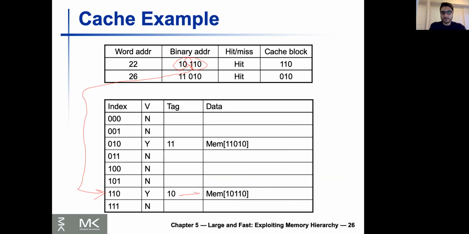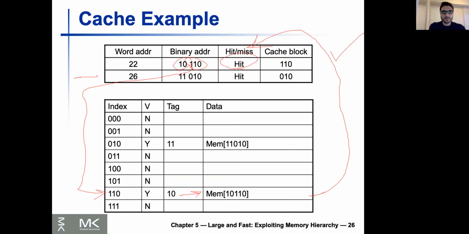I look and see if this one is there. It was already there. That's why I have a hit now. There's no need for me to come down in the hierarchy of the memory and find it elsewhere. So I have it already there, so that would be the hit. Okay, so we are good.